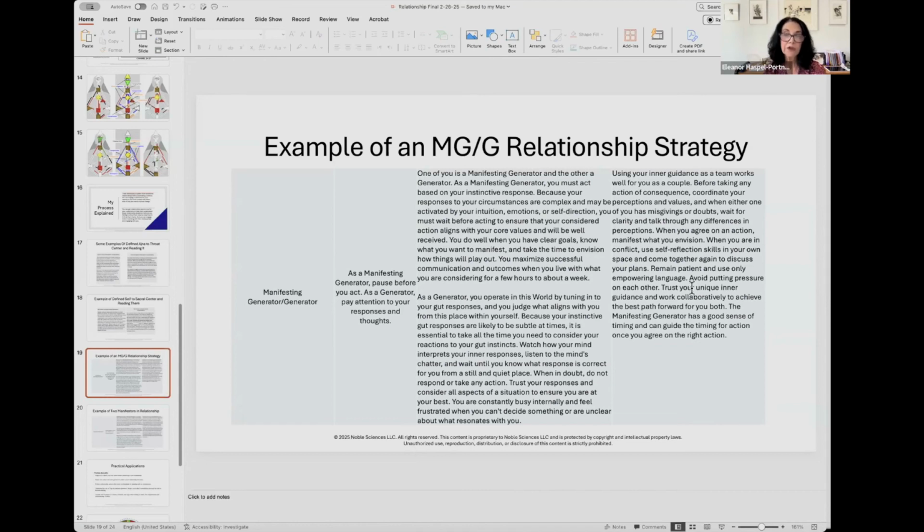Avoid putting pressure on each other. Trust your unique inner guidance and work collaboratively to achieve the best path forward for both of you. The manifesting generator has a good sense of timing and can guide the timing for action once you agree on the right action.